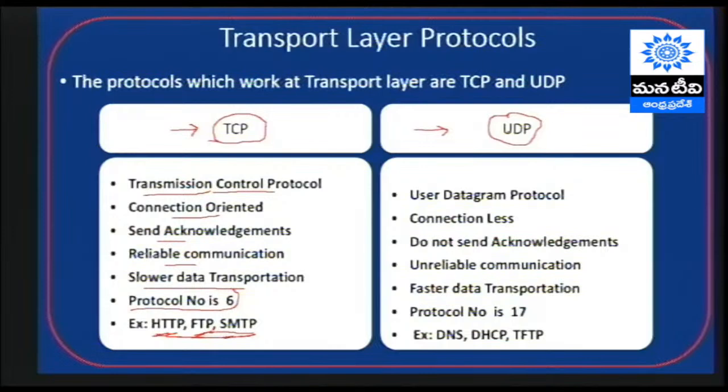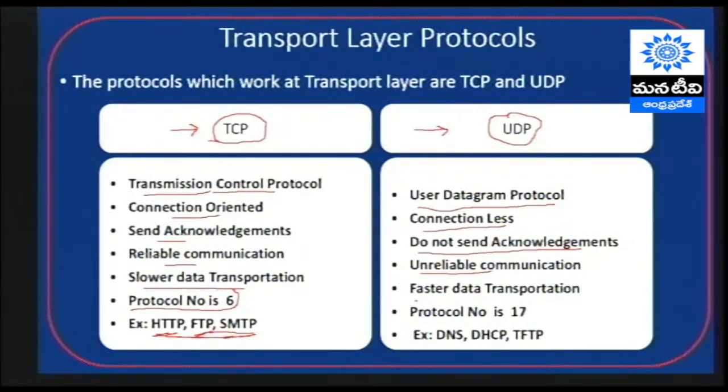And the UDP protocol stands for User Datagram Protocol, and it is connectionless. Connectionless in the sense that there is no communication between the source and the destination, and unlike TCP, there is no established connection. Whenever you use UDP applications, the data is sent and there is no confirmation or acknowledgement, and hence it is considered unreliable.